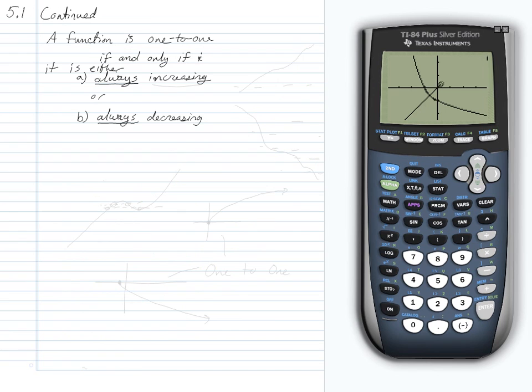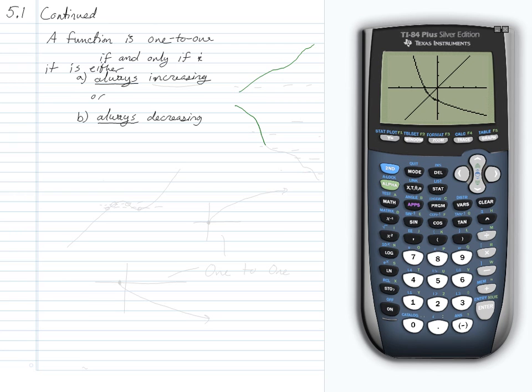I have one additional note to make about testing whether a function is one-to-one. By virtue of the horizontal line test, we can find an analogy, a sort of theorem of algebra, that says that a function is one-to-one if and only if its graph either always increases, so it's always rising, never doubles back on itself, or if it's always decreasing.